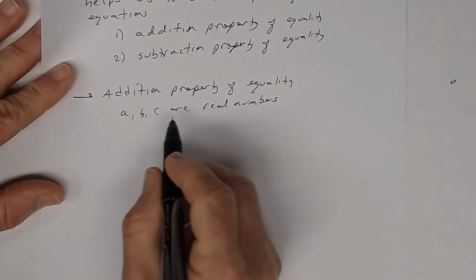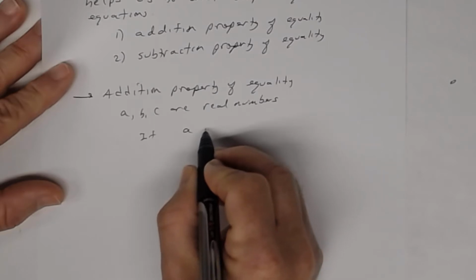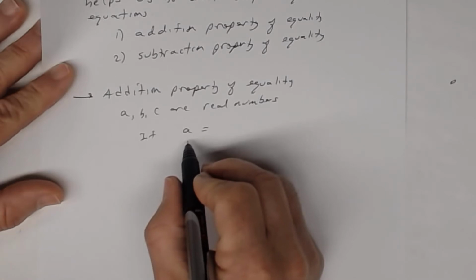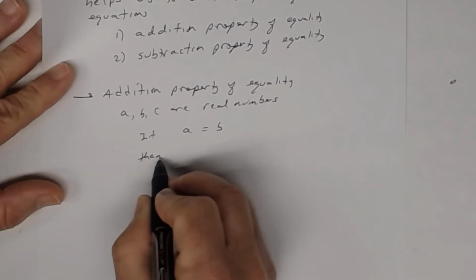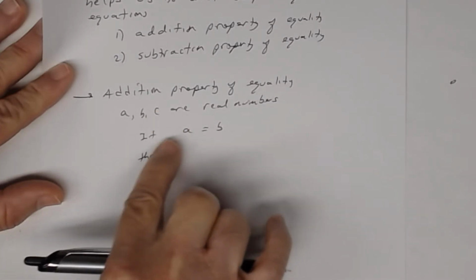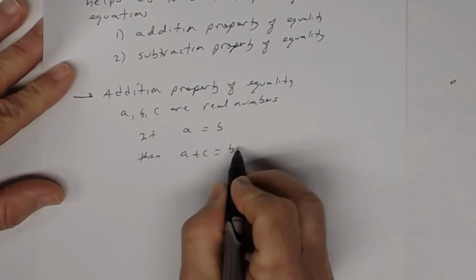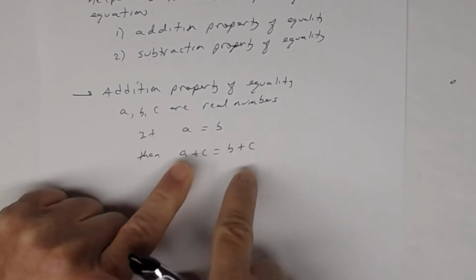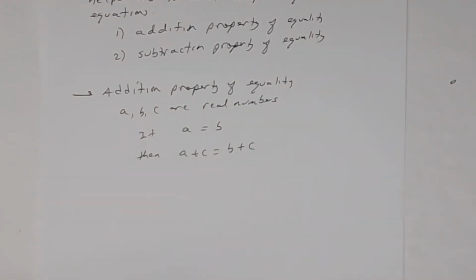So the addition property of equality says this: if you have a statement that says A equals B, then I can take another number and add it to both sides, and it'll still be equivalent. So A plus C must equal B plus C. So if I add C to the left side, I've got to add C to the right side to keep that equation balanced. So just think about keeping things balanced like you would on a balanced scale. All right, so that's the addition property of equality.